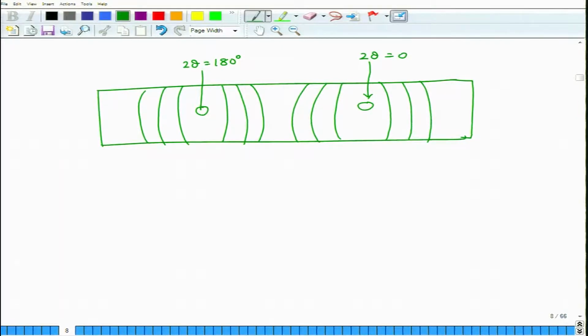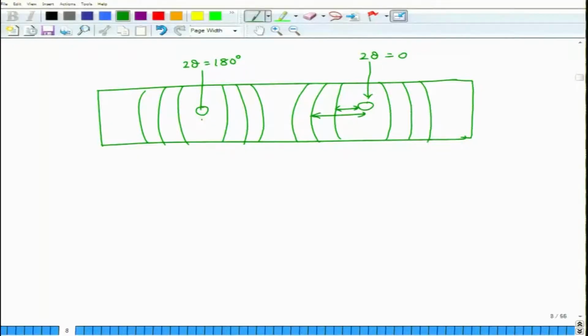Now, if you want to determine what this distance corresponds to in angles, you need to calculate the diameter, the distance, and things like that. You need to know the distance between these two, and you need to know the film length.